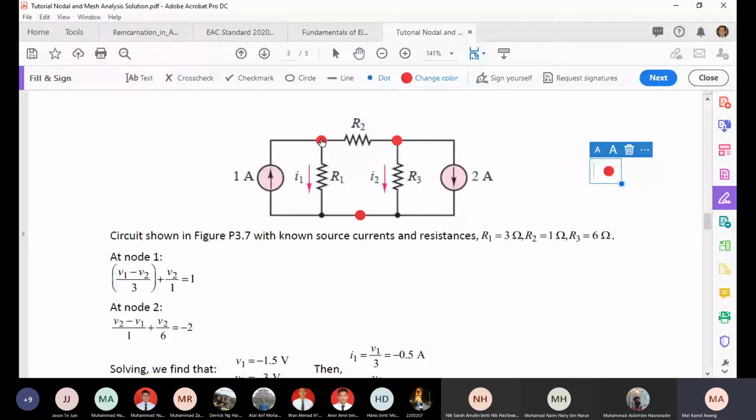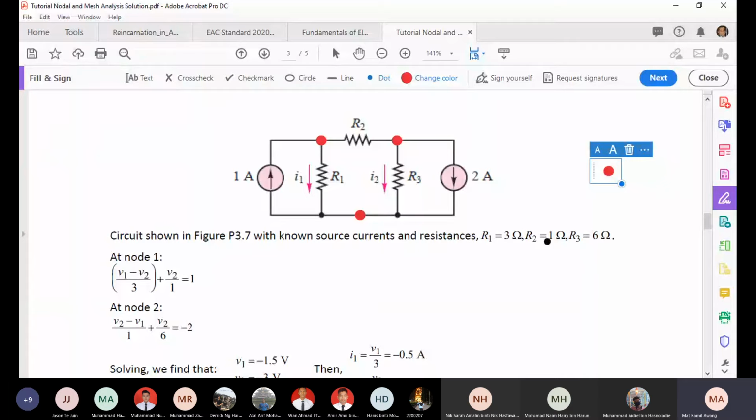So let's say V1 here and V2 here and the ground here. For node 1, we have 1 amp flowing in, so this is minus 1 amp plus I1 going out. So V1 minus V2 divided by R2.